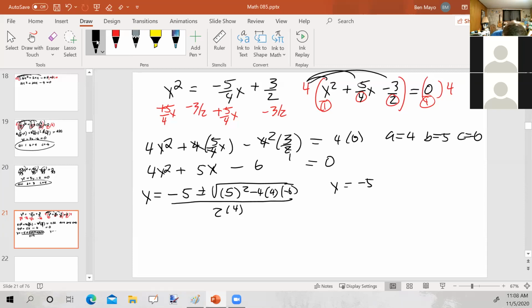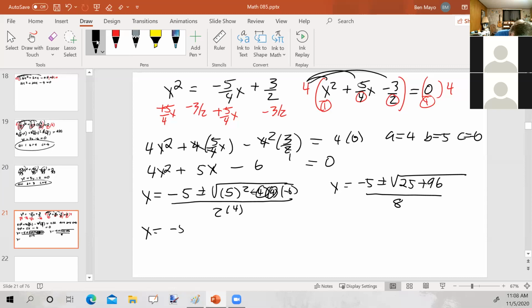X equals -5 plus or minus the square root of 5 squared is 25. 4 times 4 is 16, but it's -16 times -6, which would be a positive 96. 16 times 6, all over 8.